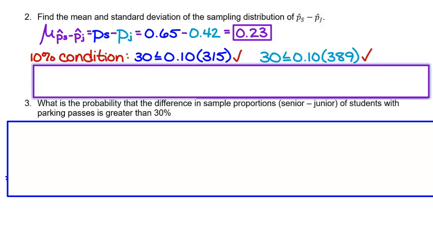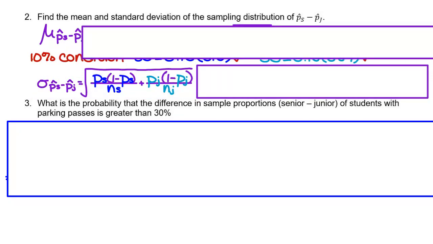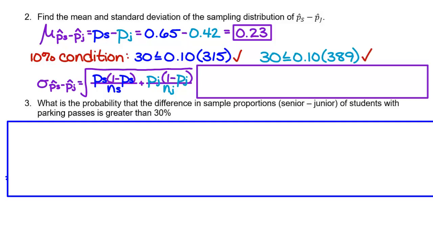So then we can go in and we can calculate our standard deviation. So we do the probability for the seniors times 1 minus the probability for the seniors over the sample size of seniors, plus the probability for our juniors times 1 minus the probability for the juniors over the sample size of the juniors.